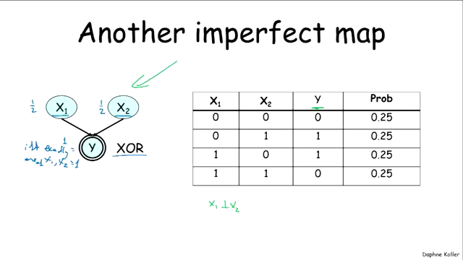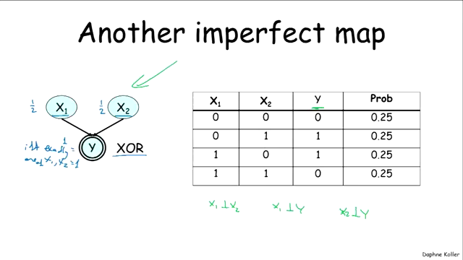And so it's not difficult to verify that we also have that x1, in fact, is independent of y, and that x2 is independent of y. And all 3 of these pairwise independencies hold in this distribution.